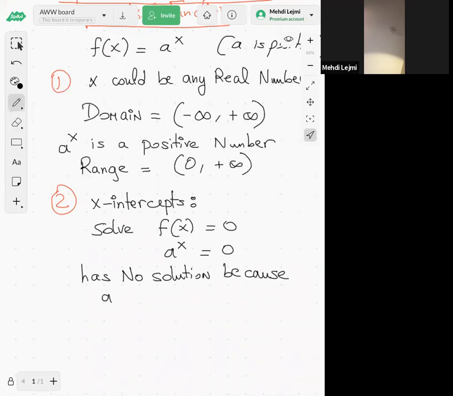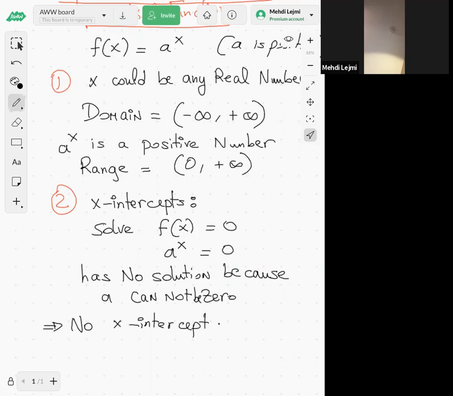We said a must be a positive number, so a cannot be 0. Right? So there's no solution to this a to the power x equal to 0. So there is no x-intercept.